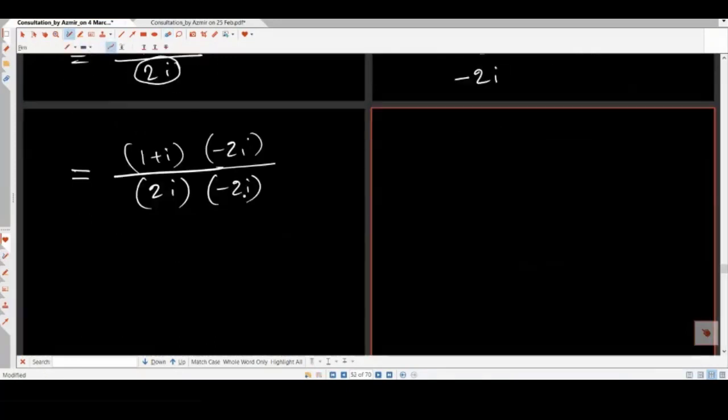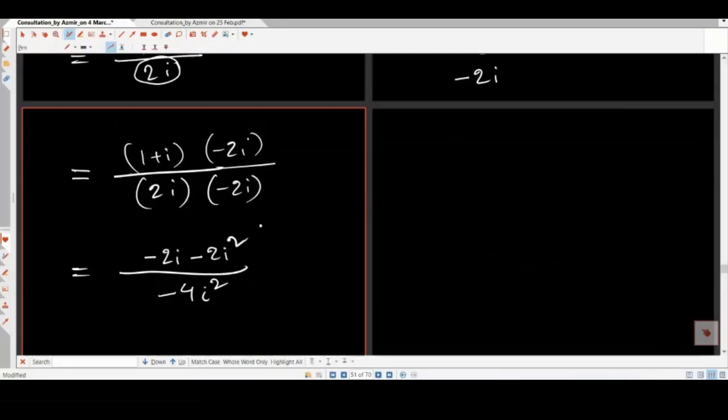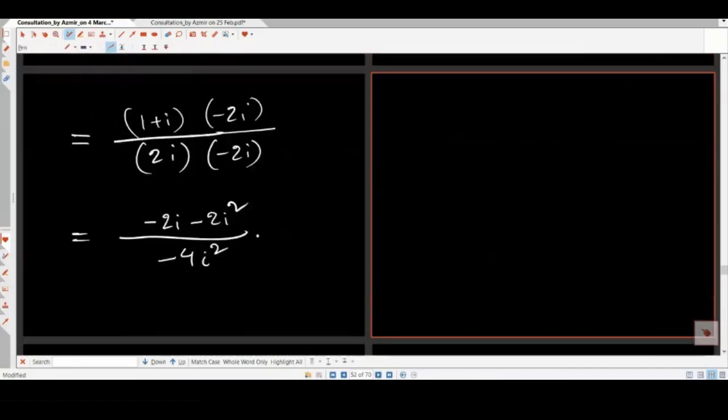Now we can do the simplification. Negative 2 times 2, that is negative 4, i times i squared. And here, let us multiply this number with negative 2i. We are getting negative 2i, negative 2i squared. So we have finally negative 4 in the denominator, and you know that i squared is negative 1.